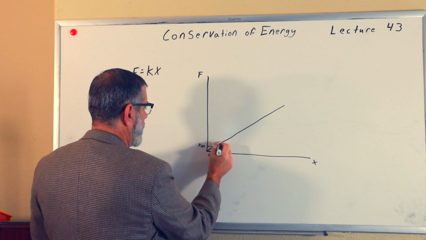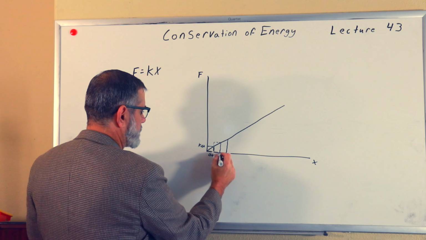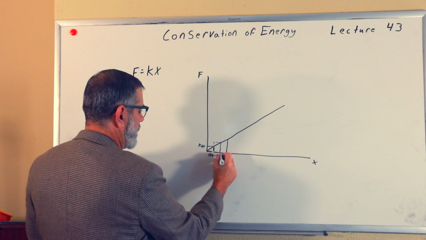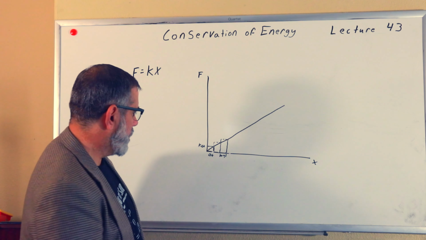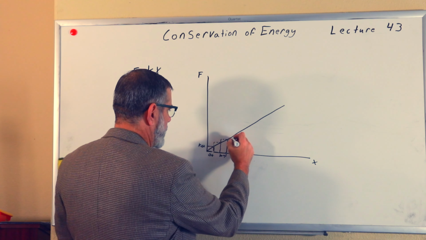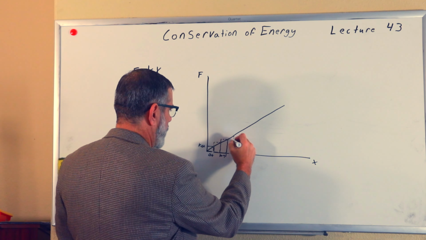To get the work that I did, I add up these rectangles, which are all getting a little bit taller each time. Here's another delta x. Delta x is always the same. It's this distance right here. To get the work done from going from here to some distance maybe here, let's go one more. I'll create one more little delta x, one more little rectangle that I compute.